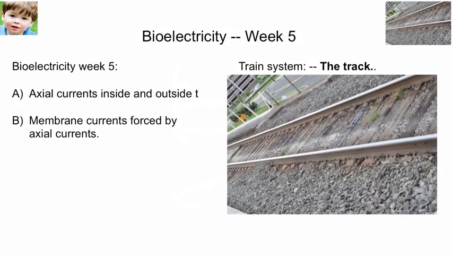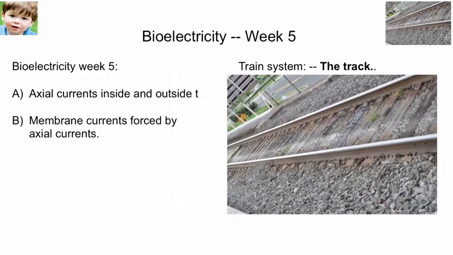So talking about the track is really fundamentally different as compared to what we have done up until this time. We are now, for the first time, not staying in place in one little patch on the membrane, but rather examining what happens as currents flow from one place to another.